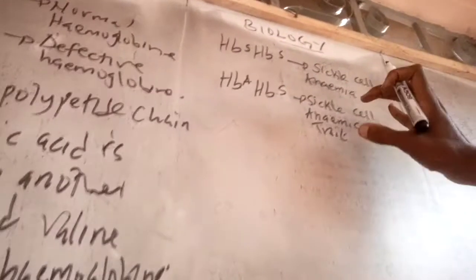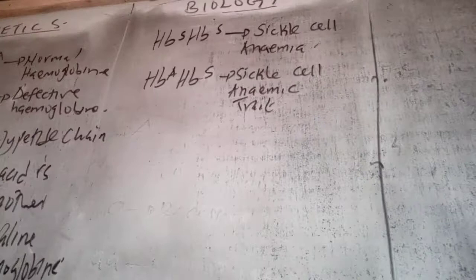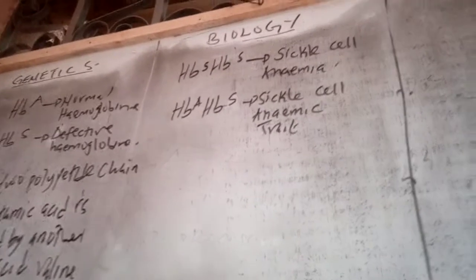Sickle cell anemic trait is less dangerous compared to the sickle cell anemia condition. And therefore these people who have the heterozygous condition, as far as the HbA and HbS is concerned, are said to be less serious.